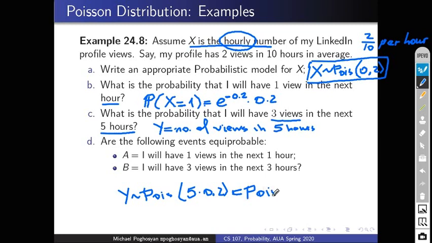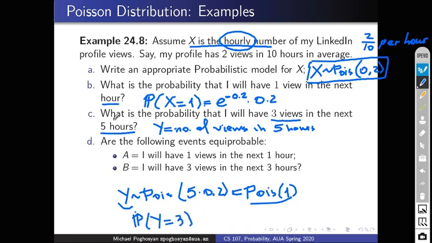Okay, now if I have the distribution, I can easily calculate the probability that I will have 3 views, but in 5 hours.